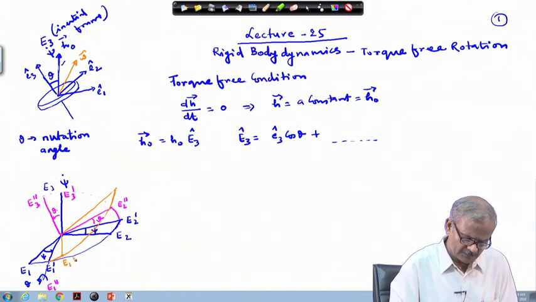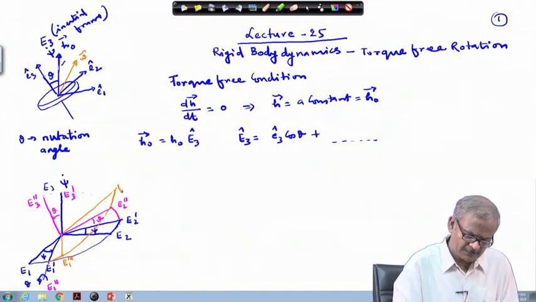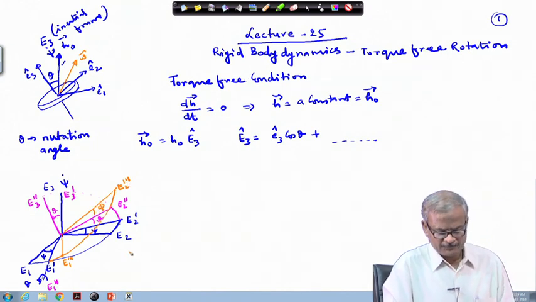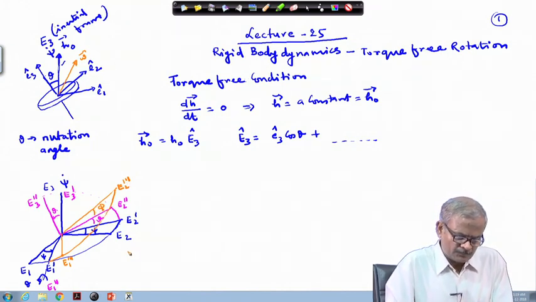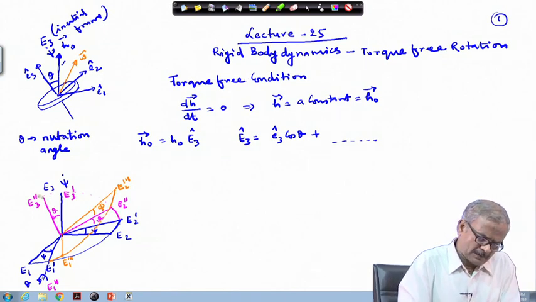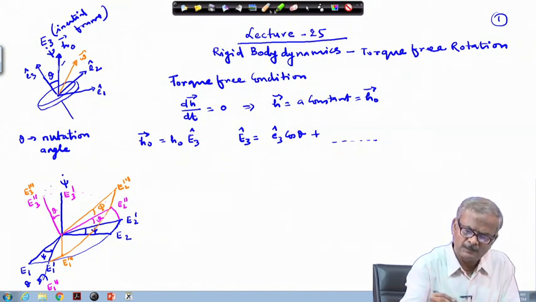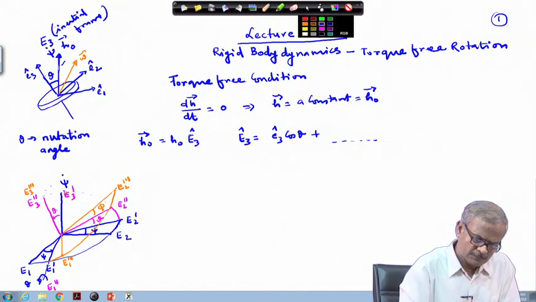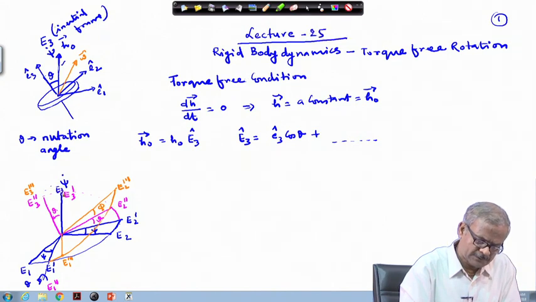So, this is coming to E 1 triple prime, E 2 triple prime, this angle is phi, and here E 3 triple prime, this is your E 3 along this direction itself.